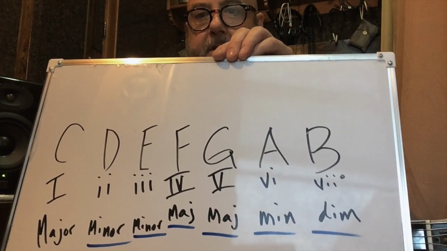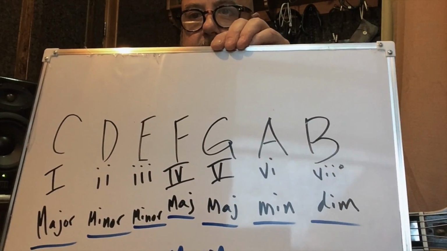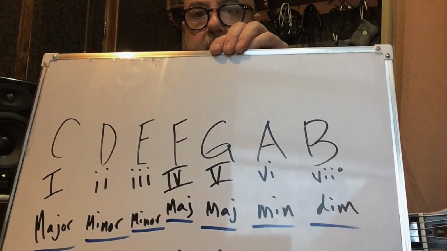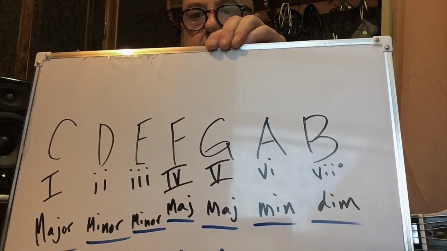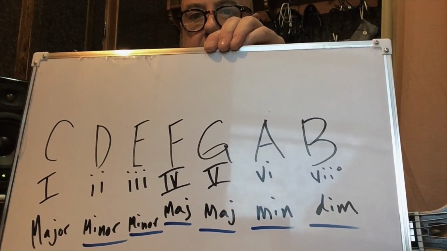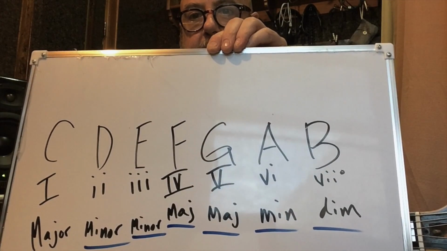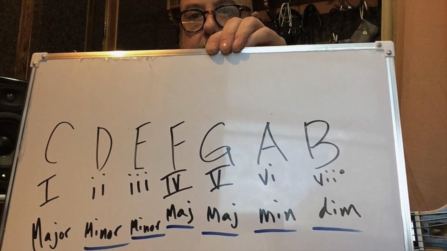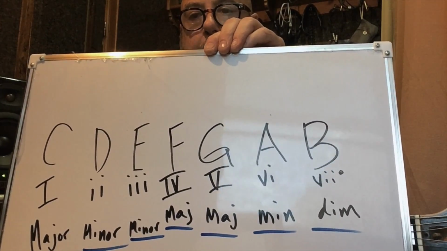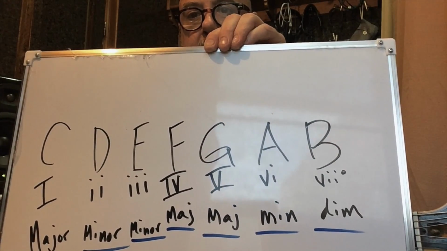All right, the scale written out again in beautiful penmanship. Almost looks like that C is just trying to escape. So the Roman numerals indicate major and minor. Uppercase Roman numerals are major, lowercase are minor. So this is the order of chords within any major key.